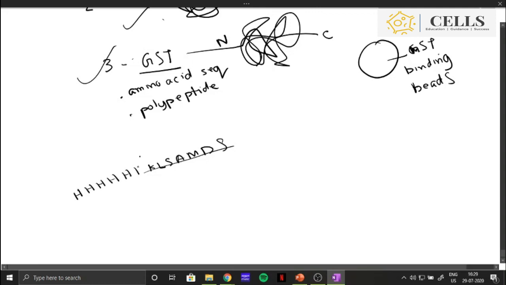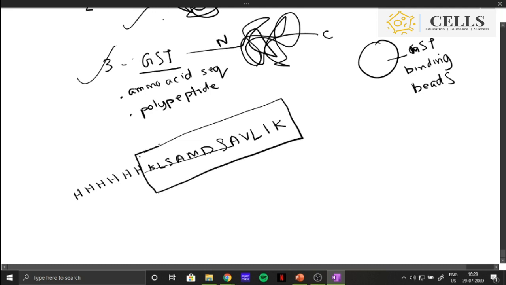So you add this, and then you have the protein sequence, for example alanine, valine, leucine, isoleucine, lysine, everything. So this is your protein, and this is your histidine tag.